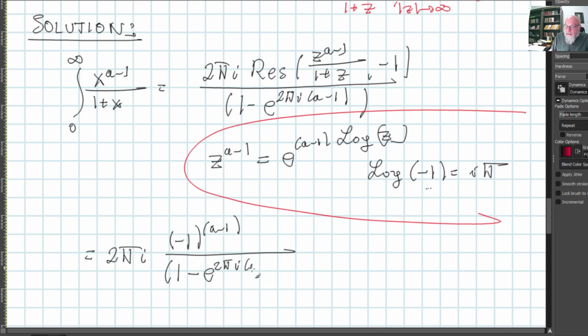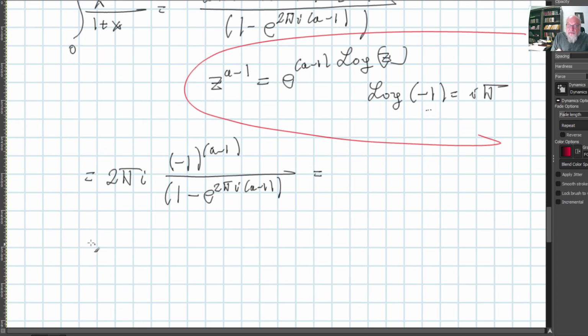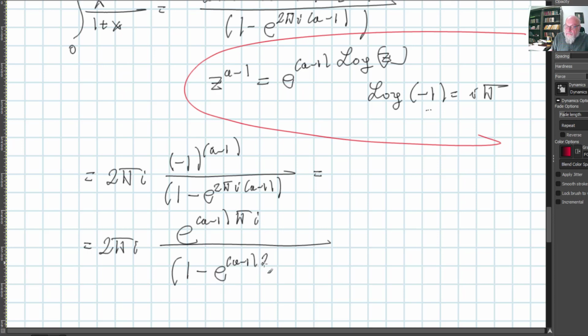So now I have 1 minus e to the 2 pi i a minus 1 in the denominator, and then I can continue and simplify it. So this will be 2 pi i times e to the a minus 1 pi i, over 1 minus e to the a minus 1 times 2 pi i.